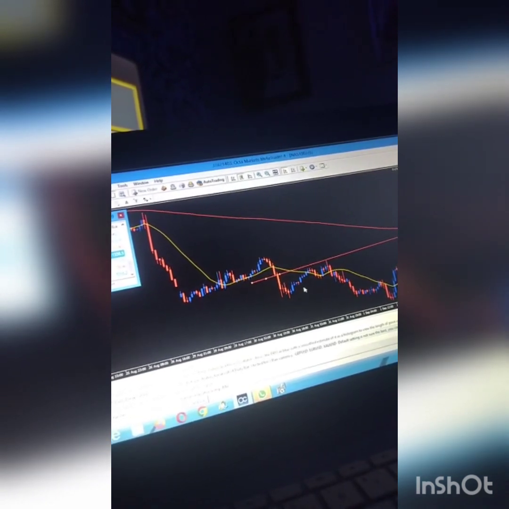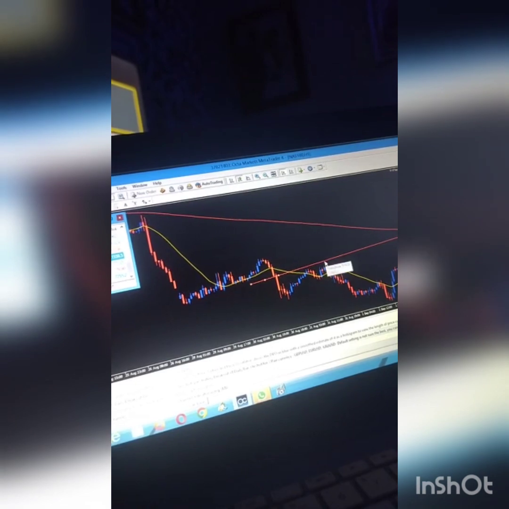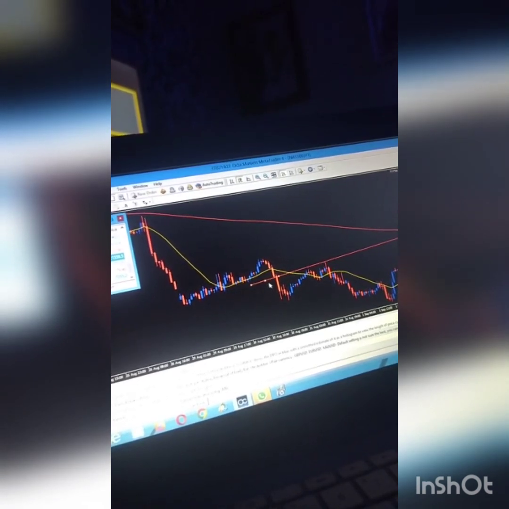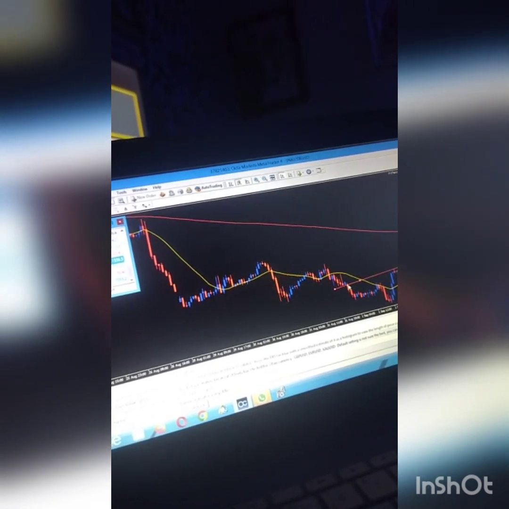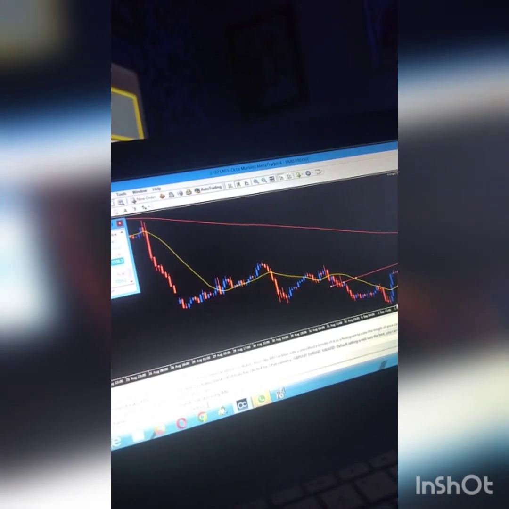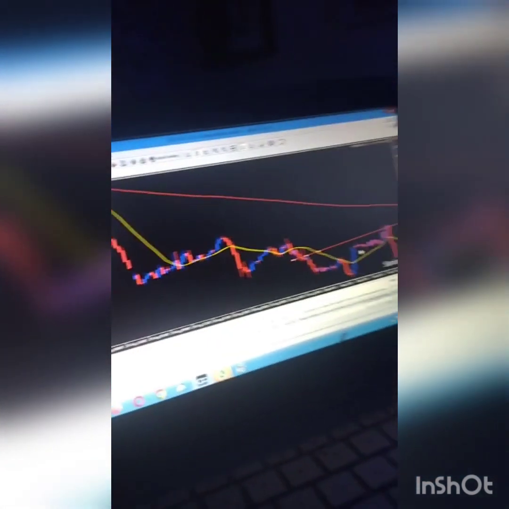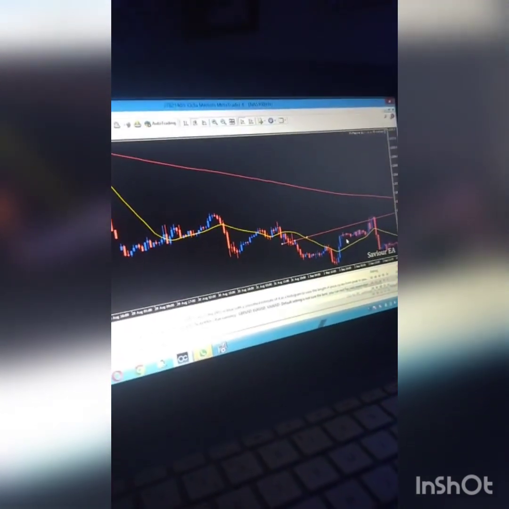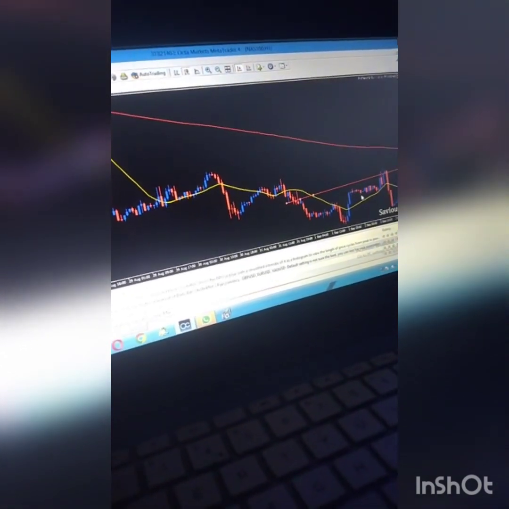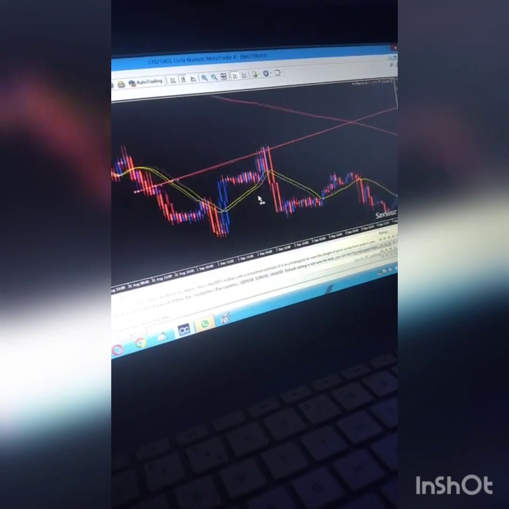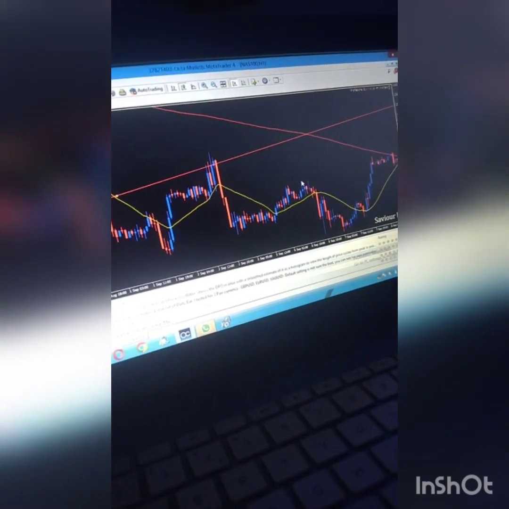Then what happened here? It touched here and dropped again. What will you do here? You still set it to 50% of this. Then price dropped and went up back. But let's keep looking for entries.